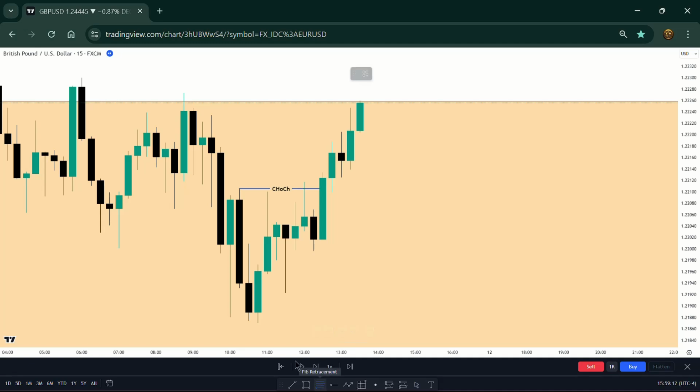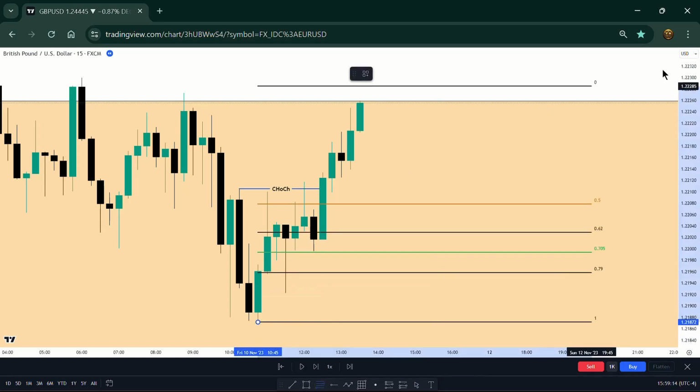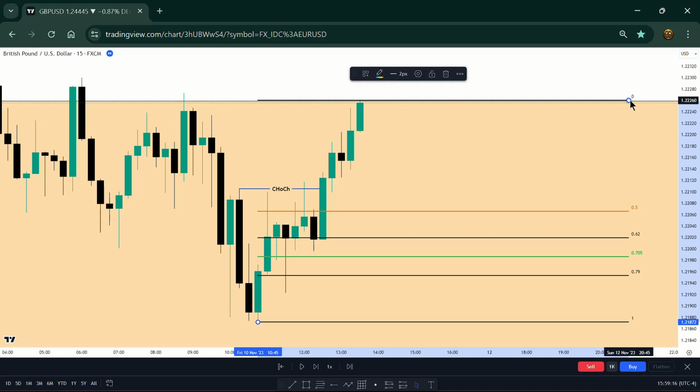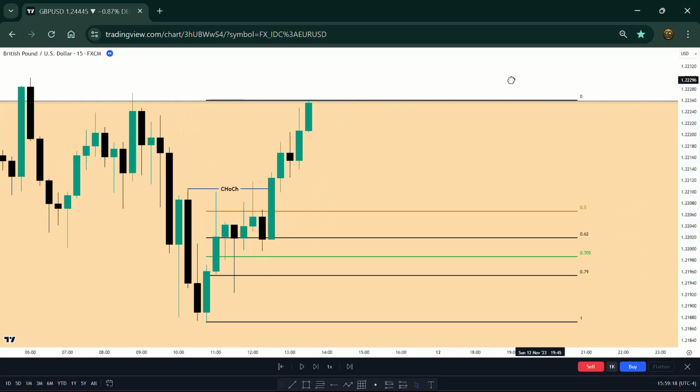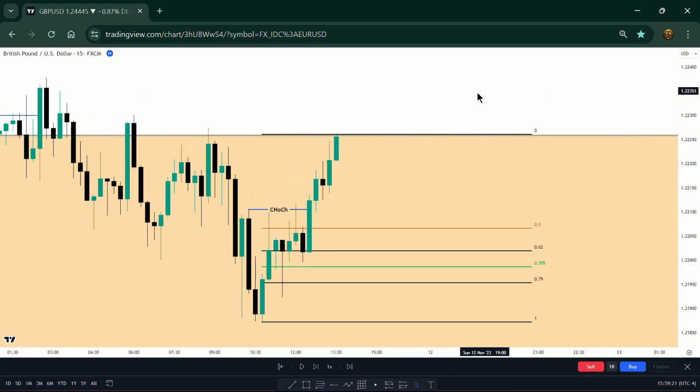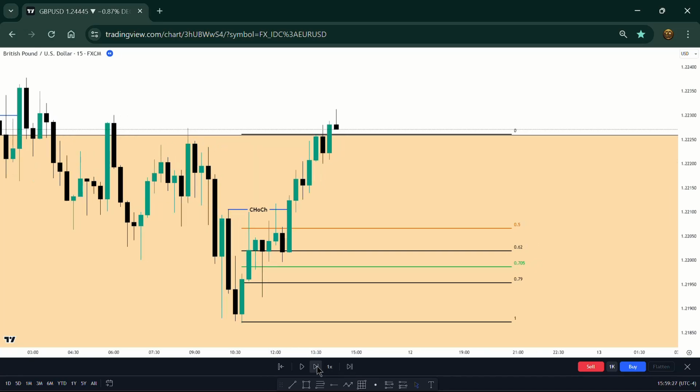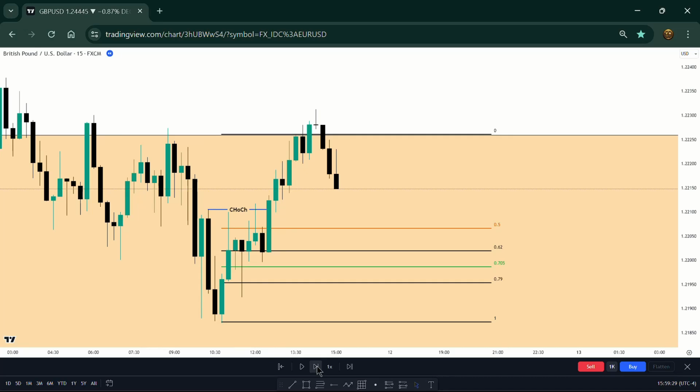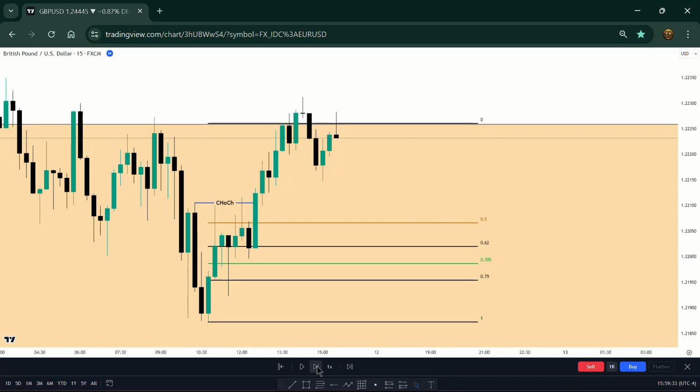Let's move the Fibonacci. Even if you don't need inducement, you need to enter in a discount. Okay, don't just do what you want just because you see the market running. Okay, here it has even made inducement there which you don't even need.